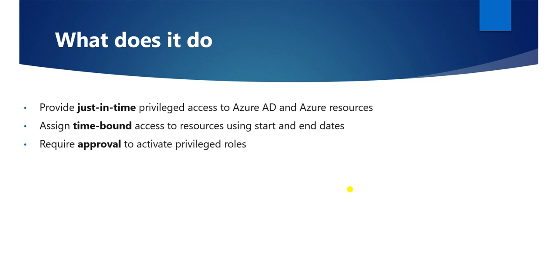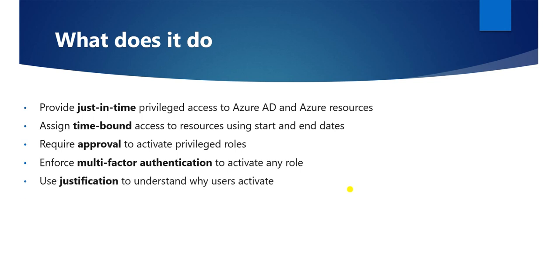It can require approval to activate a privileged role. So when you raise a request, it should be approved by your approver, like your manager. You can enforce multi-factor authentication, MFA, to activate any role.